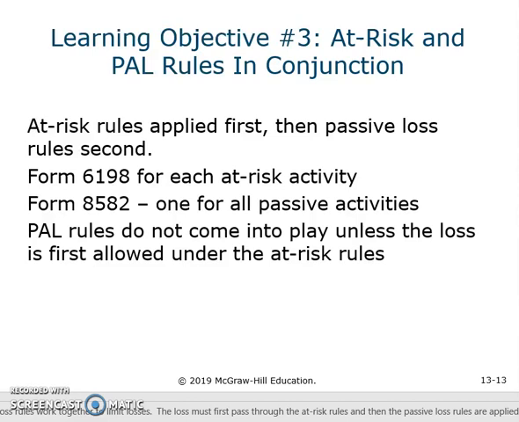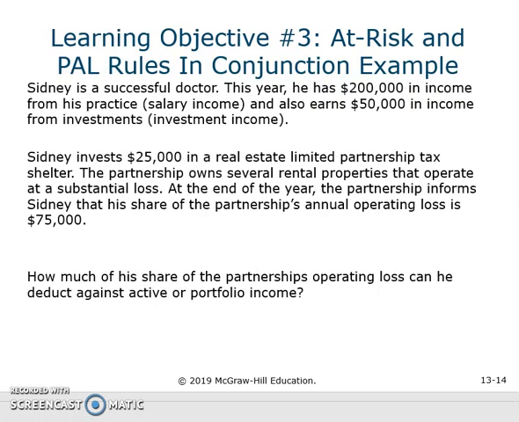The passive activity rules do not come into play unless the loss is first allowed under the at-risk rules. So the loss would first have to pass and be allowed under the at-risk rules before we would apply any of the passive activity loss rules to that activity. So let's take a look at an example of using these together.